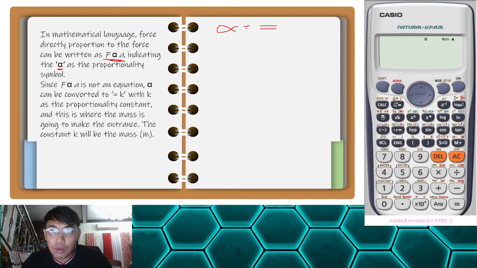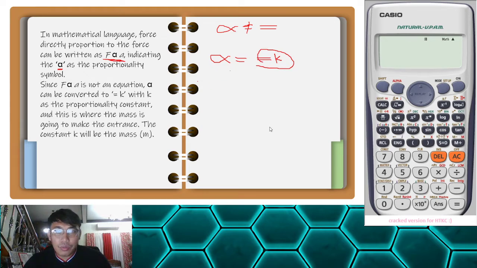So these two are not equal. What is equal is the proportionality symbol to an equal sign and a constant. So there is a constant for our proportionality symbol.